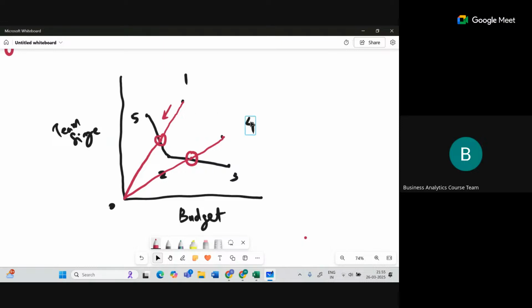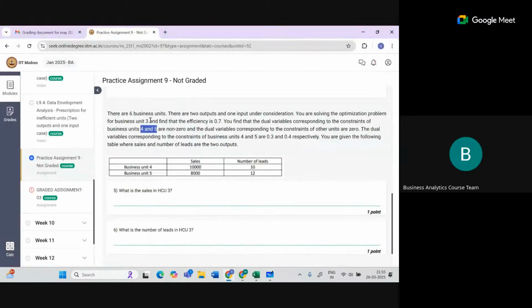For business unit 4, 2 and 3 are reference units. For business unit 3, 4 and 5 are the reference units, and the dual variables corresponding to other units are 0, whereas the dual variables corresponding to these two are non-zero. The values are 0.3 and 0.4.